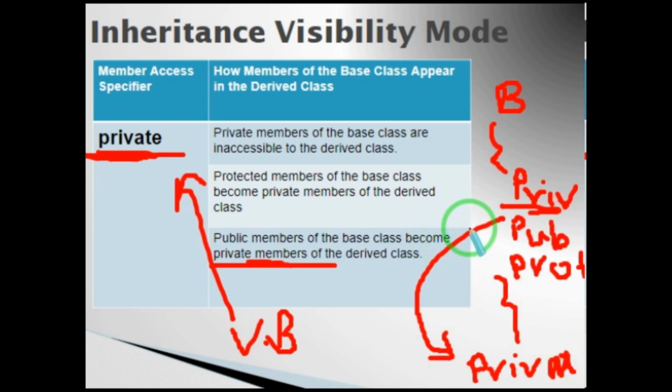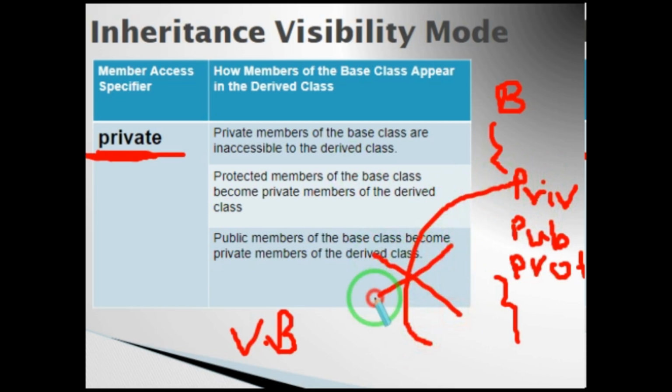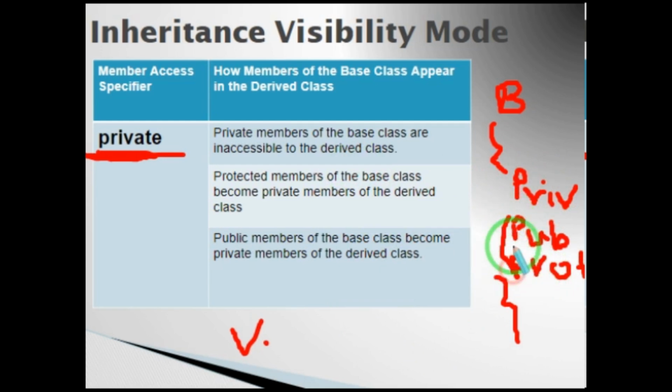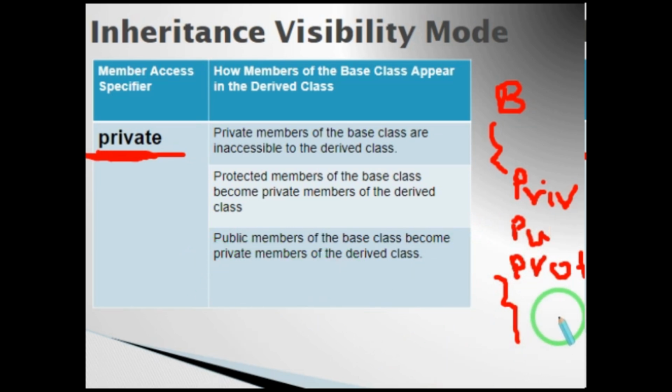All of you getting my point? Yes. How? Whenever we use a visibility mode as private, my private data member of the base class cannot get accessed. My public and protected data members of a base class become the private members of the derived class.